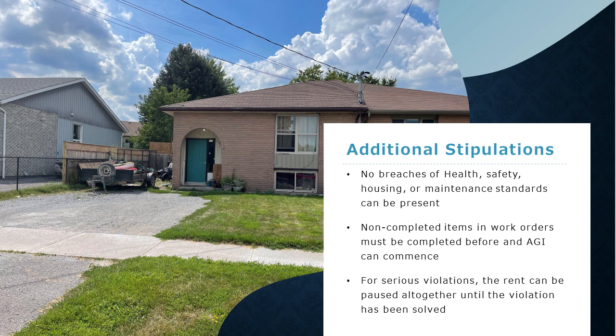In cases of serious breaches of the landlord's obligation to provide and maintain the rental complex, the LTB can also order that the rent shall not be increased for the affected rental unit until the serious breach is resolved. The LTB will determine whether a serious breach affects one or more rental units included in the AGI, and if so, will decide on the appropriate remedy.